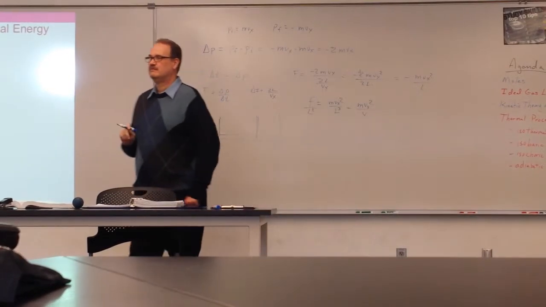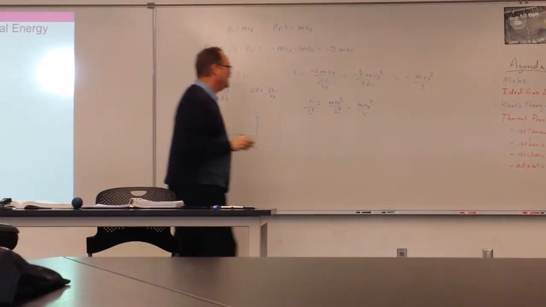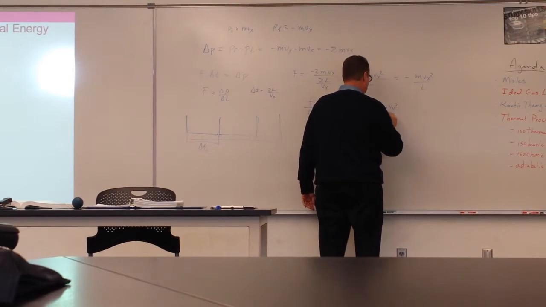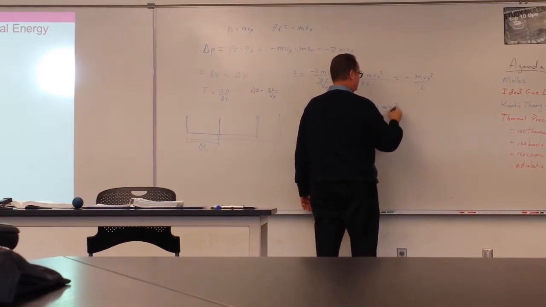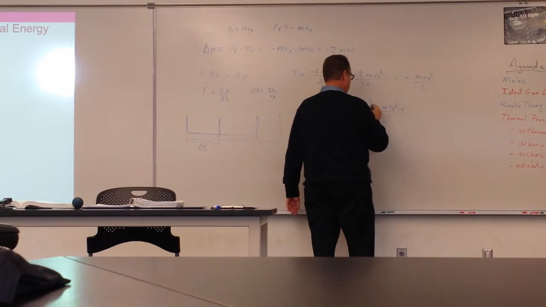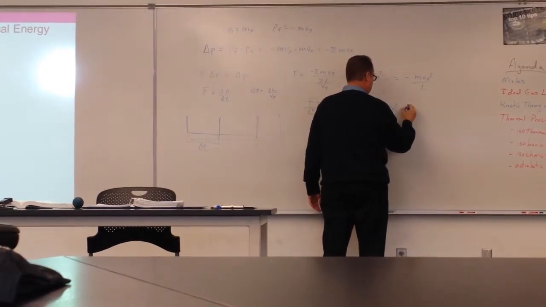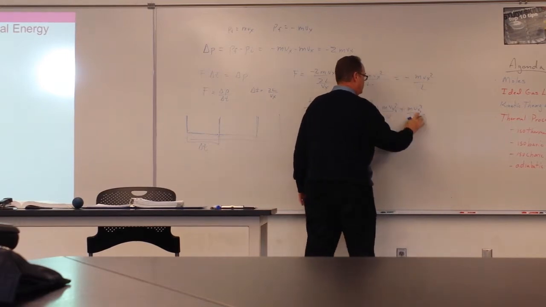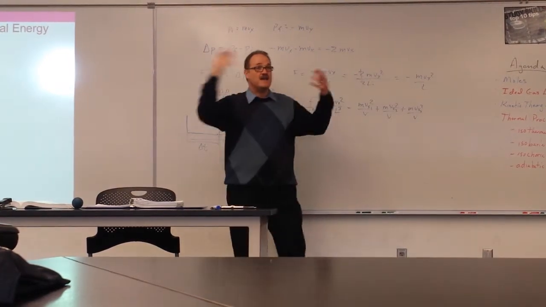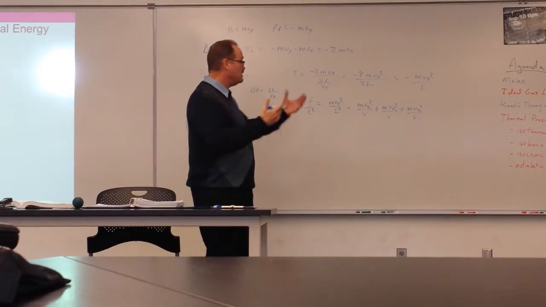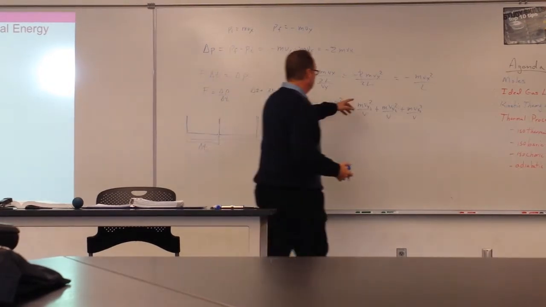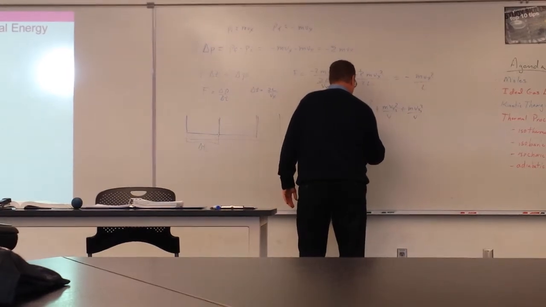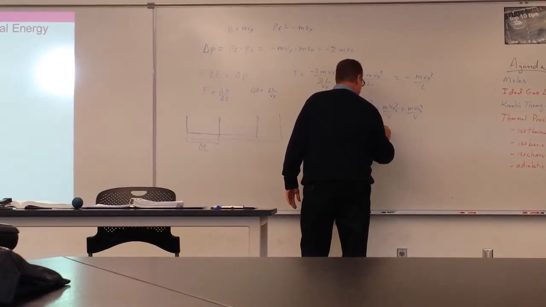That's from one atom. From the next atom, I'll get m vx squared over V, and I can label them 1, 2, 3, and I'll just keep going for all the atoms in the box. It's going to be huge, right? But m over V is all the same. So it's going to be m over V times this big sum of vx squared.